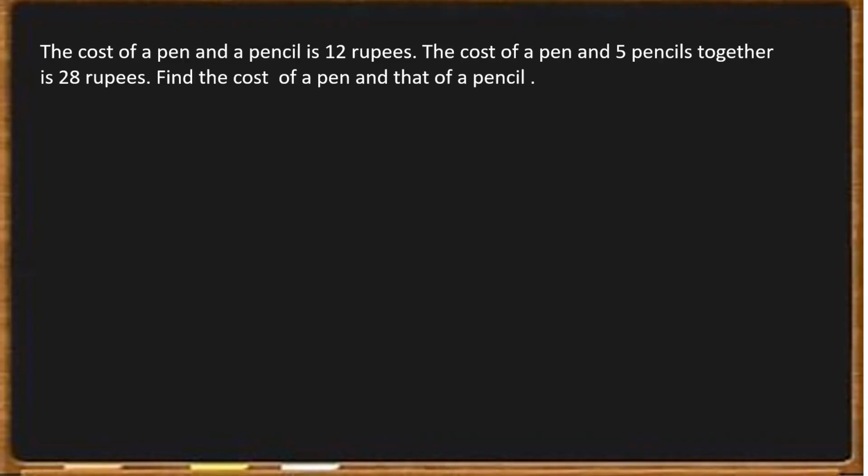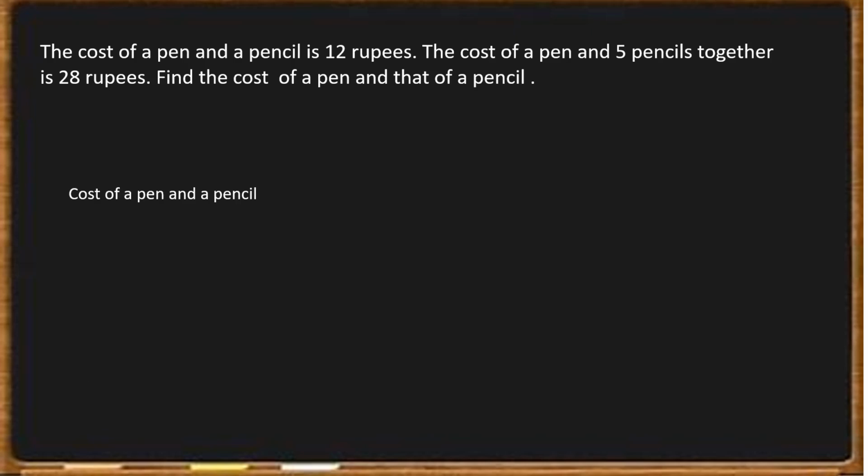Let's discuss another question. The cost of a pen and a pencil is 12 rupees. The cost of a pen and 5 pencils together is 28 rupees. Find the cost of a pen and that of a pencil. All of you read the question once again and tell me the things given in the question.